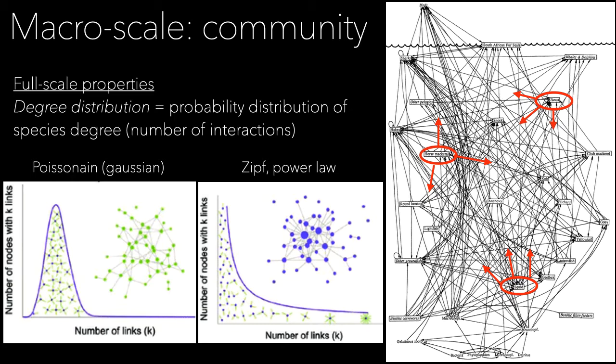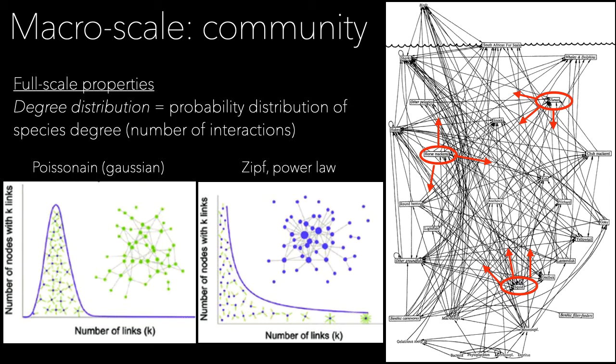This represents a classic distribution for certain random networks. However, real-world empirical food webs that we observe in nature and we want to understand are not characterized by this kind of Poissonian distribution.